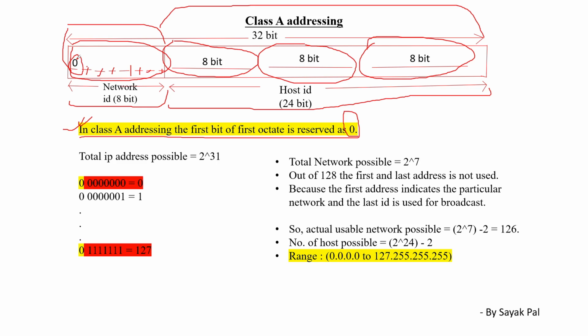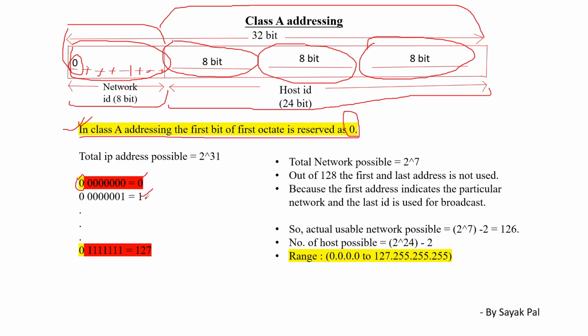As you can see, the first bit is reserved as 0. The next 7 bits we will arrange. First 0 0 0 0 0 0 0, and this is nothing but 0.